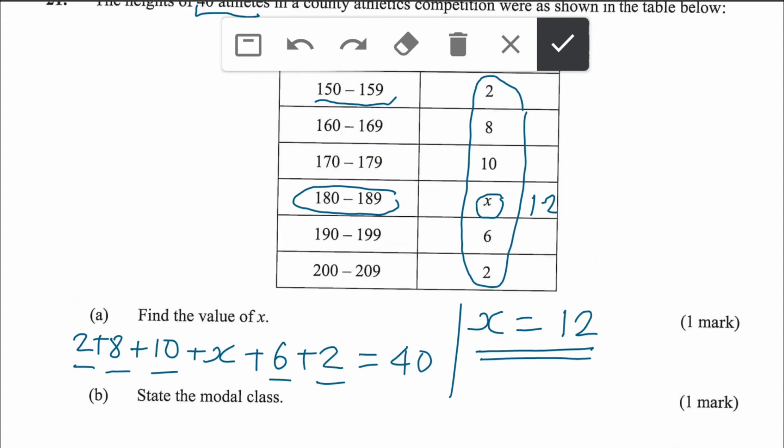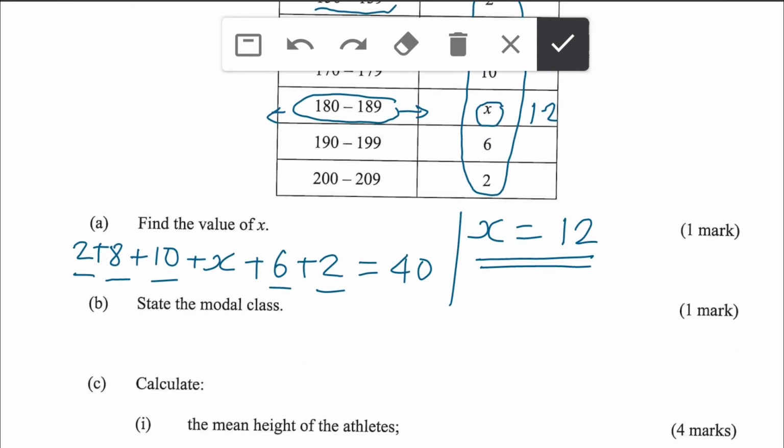So like 180 we can get what is called the lower class limit, and 189 we can get what is called the upper class limit, which is usually 0.5 plus or minus. So the lower class limit, subtracted from 180, yields 179.5, and the upper class limit, you add 0.5, you shall get 189.5.